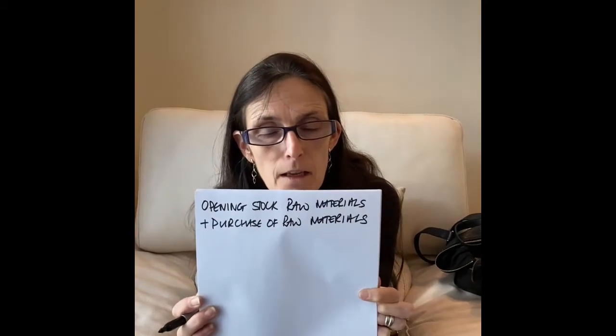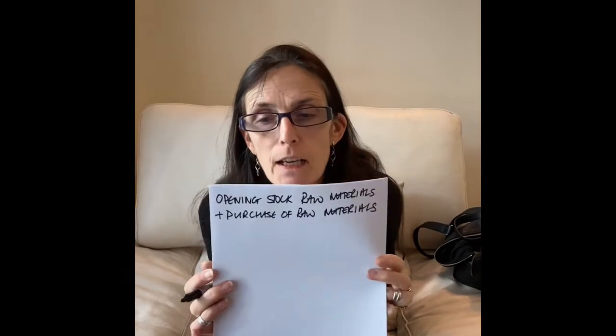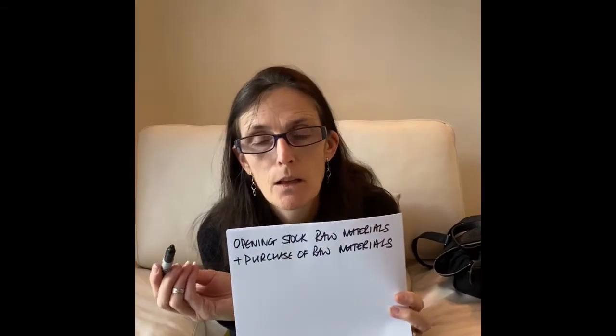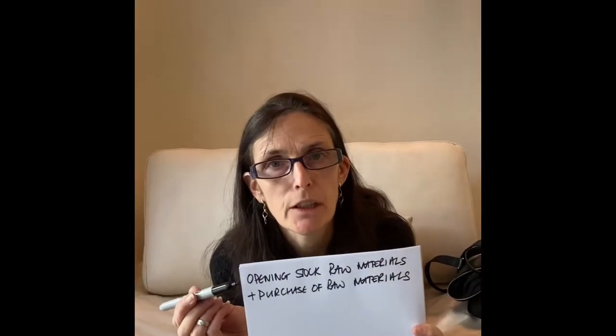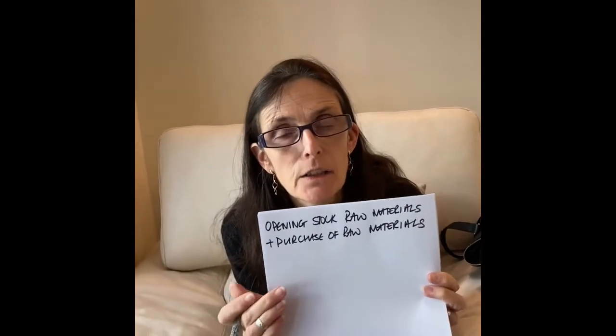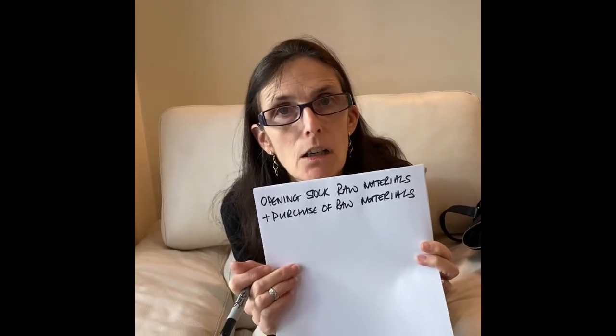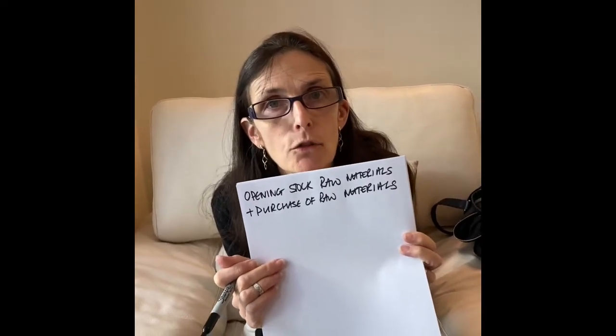So, if we're working out the cost of the raw materials, it will be what we used from last year plus what we bought minus what we have still got left, minus our closing stock of raw materials.